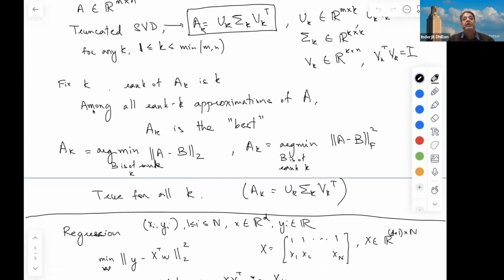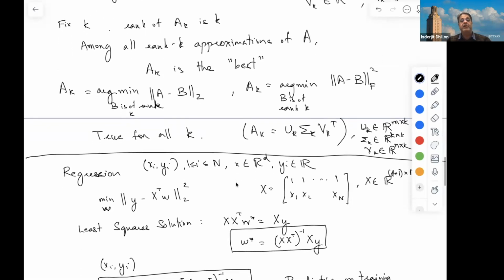So for example, if you have a given matrix A and you want to find the best rank K approximation of this matrix, then you can just take U_K sigma_K V_K transpose, where U_K belongs to R m by K, sigma_K belongs to R K by K, and V_K belongs to R n by K. And that gives you the best truncated, best rank K approximation.